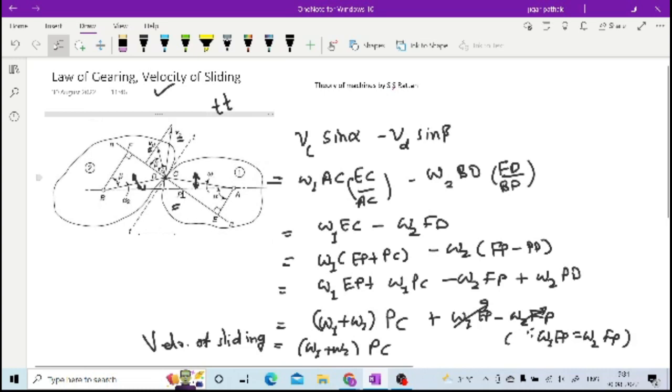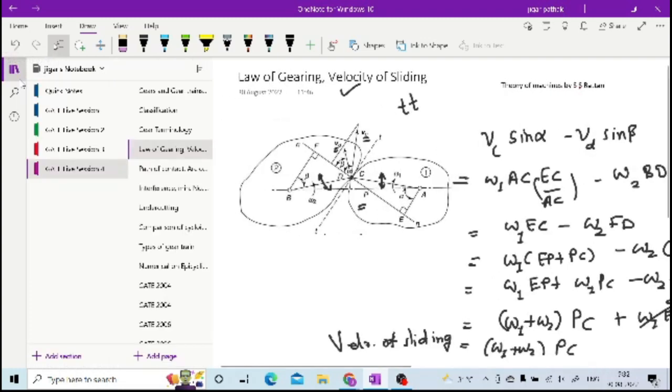If the distance from the pitch point is zero, how will it be? You can double check, because here velocity of sliding is omega 1 plus omega 2 into the distance of the contact point to the pitch point. So if you go for velocity of sliding at the pitch point, then what will happen? Are you getting what I am trying to say?